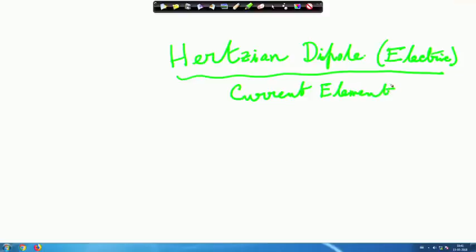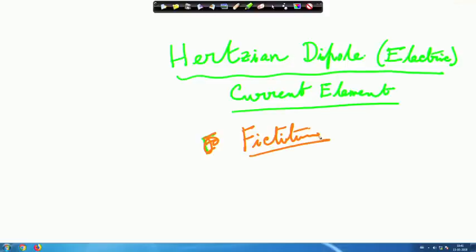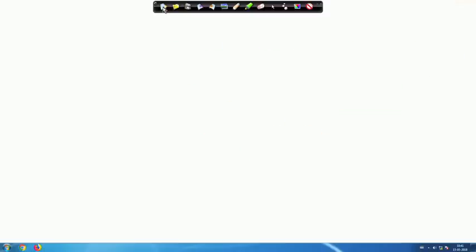Interchangeably, there are many names to it. Now, this is actually a fictitious one. Why? Because first let me draw the current element.